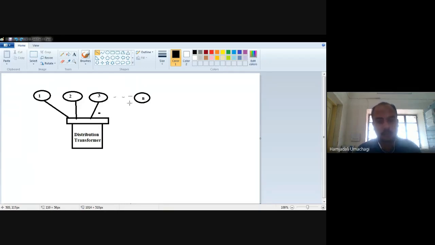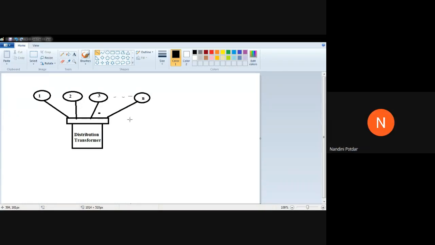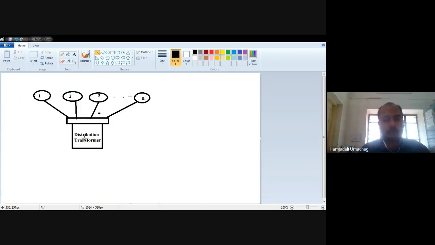Can you see this transformer diagram here? Yes, sir. Okay. Just for making things more clear, I am using this diagram. So suppose this is your distribution transformer which we are using in the locality.